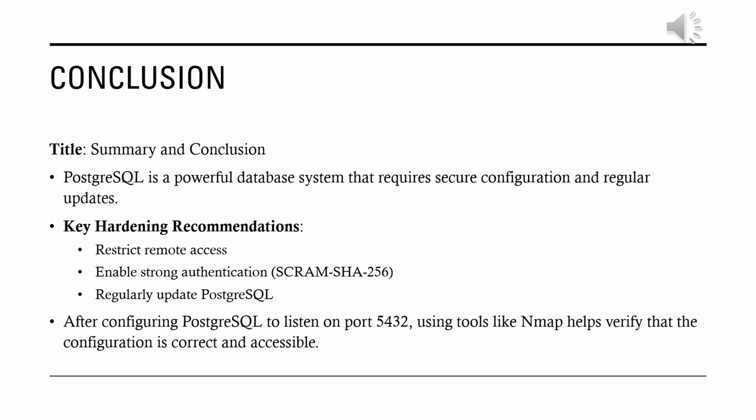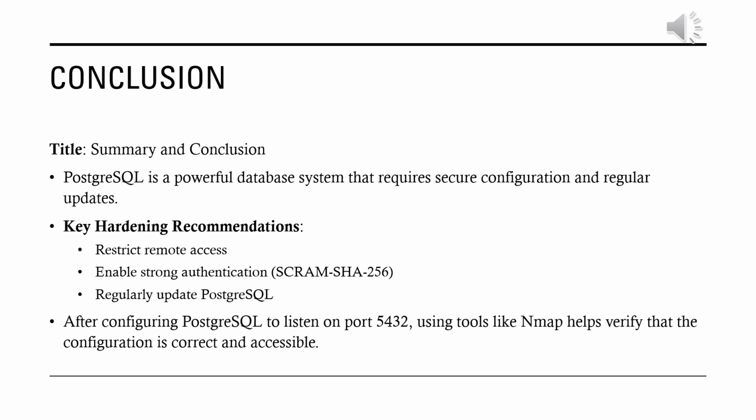Okay, so now as we reach the final part of the video, we're going to talk about the conclusion, which is the summary of PostgreSQL. SQL is just a powerful database system that requires secure configuration and regular updates, just so that way you're not, you know, easy access for vulnerabilities on the server.